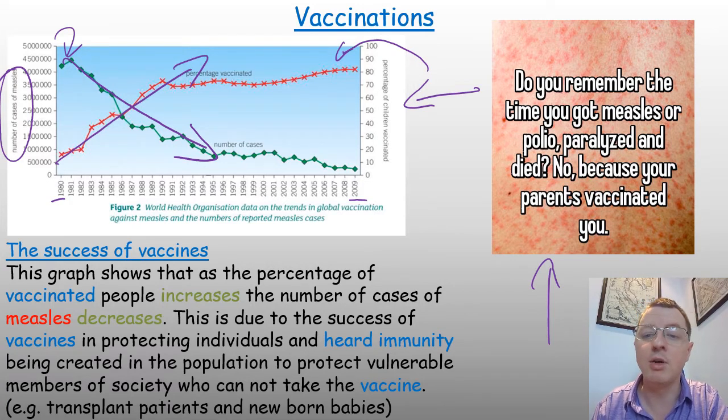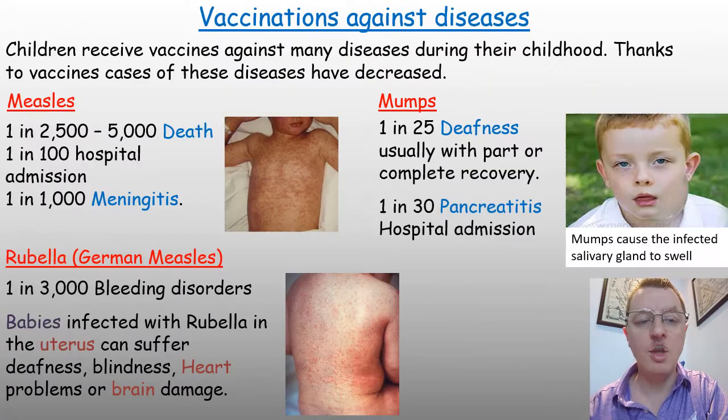No, because your parents got vaccinated. It's important to remember currently that we, particularly in Western societies, are often unfamiliar with many of these deadly diseases and childhood diseases. We have forgotten what effects they've had on society and on individuals, and that's due to the success of vaccinations. So let me give you a brief reminder of some childhood diseases.